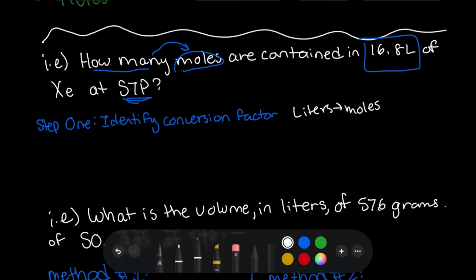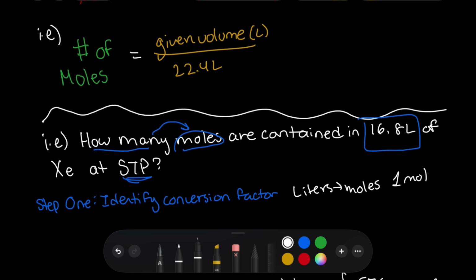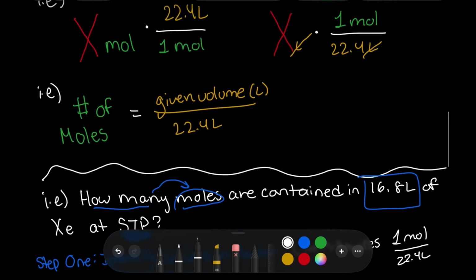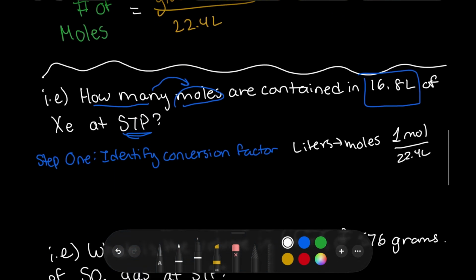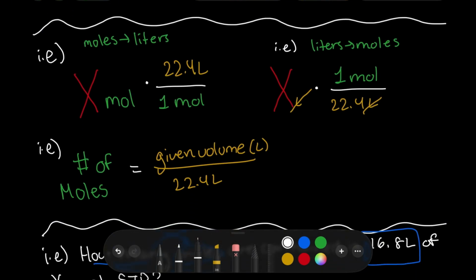So what conversion factor is that again? It would be 1 mole over 22.4 liters. If you have a hard time remembering, just think about it like this. The value that you want to convert has to go at the bottom, because that's how you get them to cancel out. So let's say you want to convert moles: in your conversion factor, the moles has to be in the denominator in order for them to cancel out.